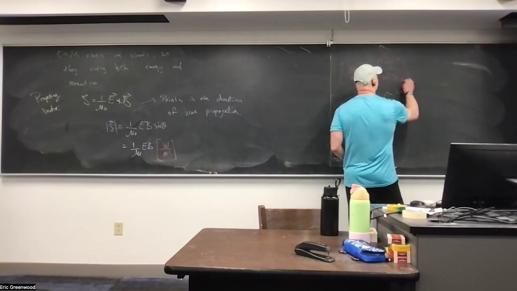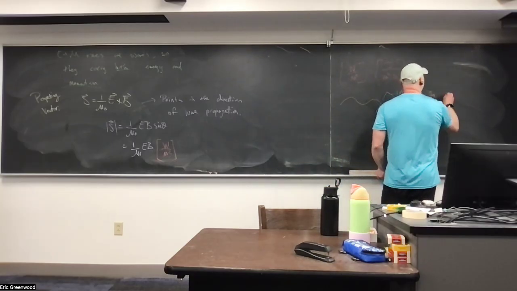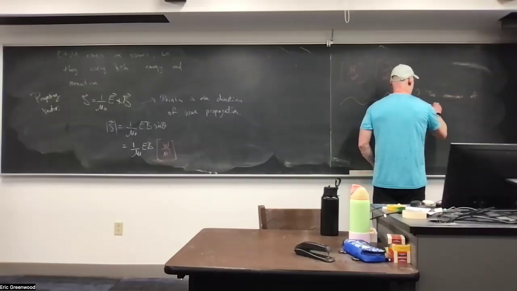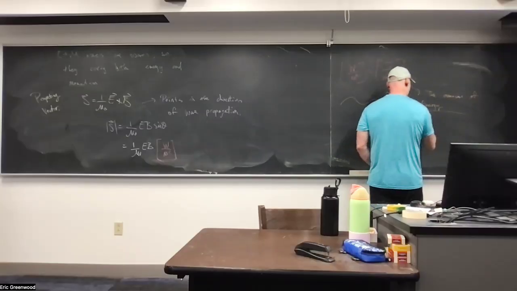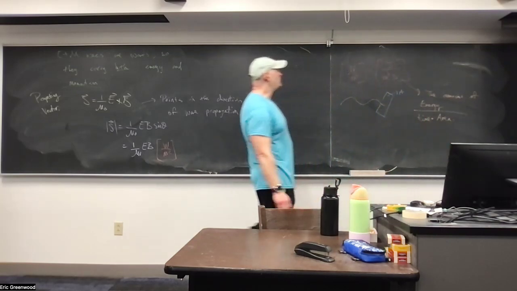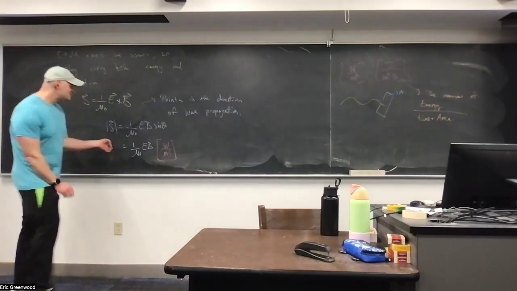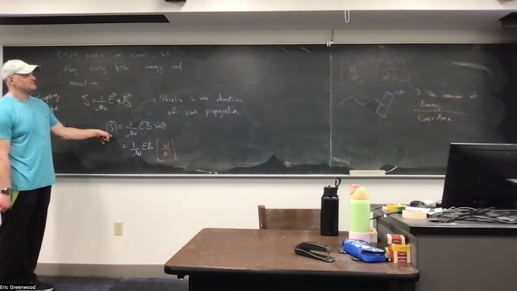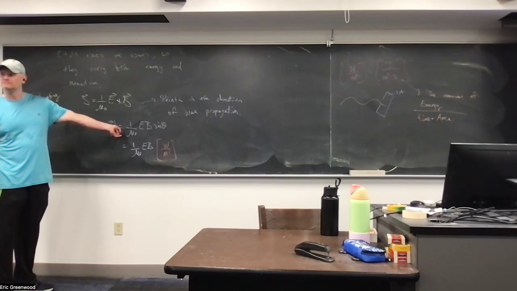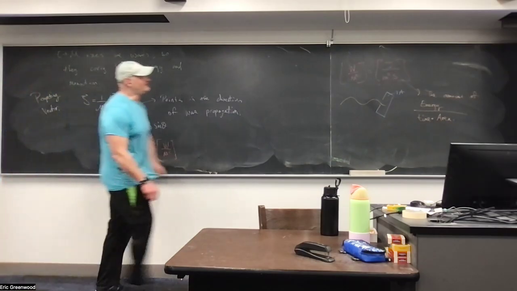So this thing then represents the amount of energy per time per area. So basically, the magnitude of this thing called the Poynting vector describes how much energy the light is actually carrying. Okay?